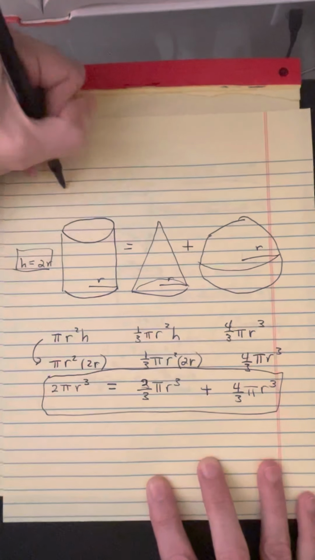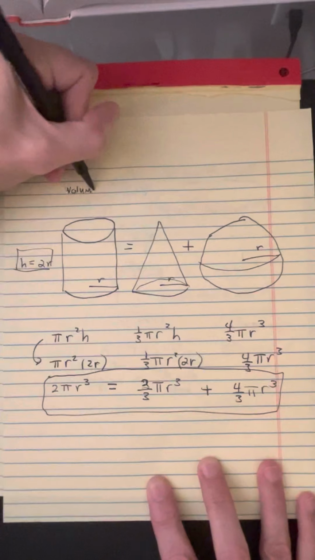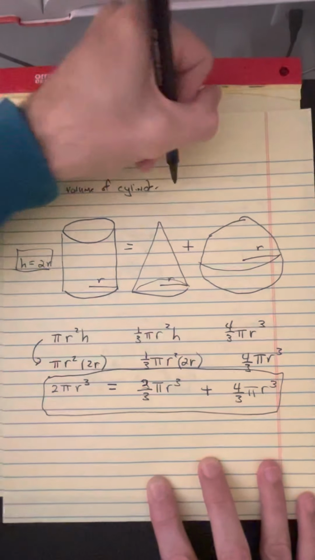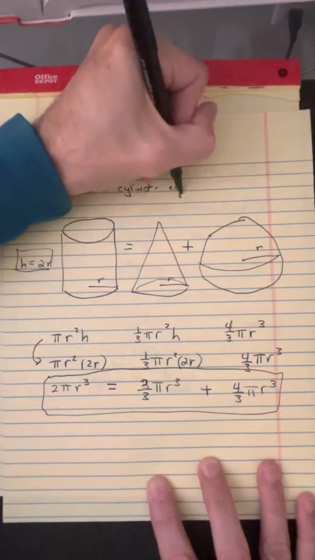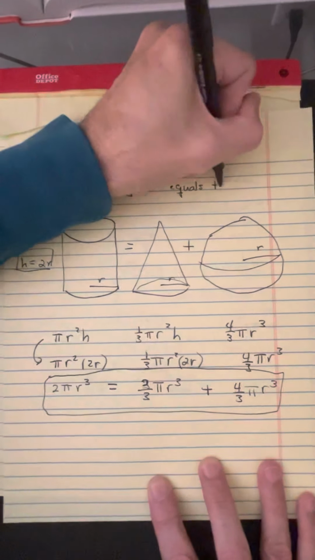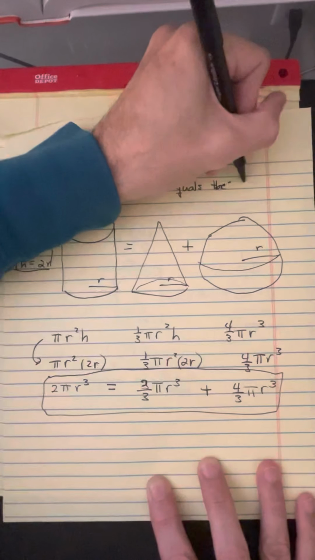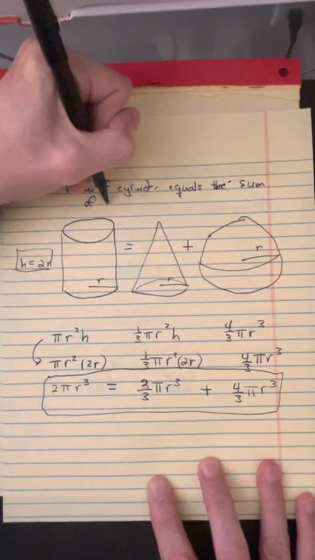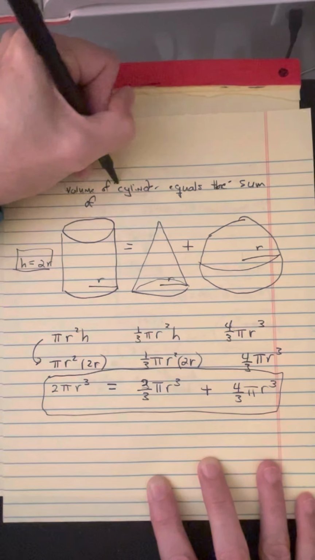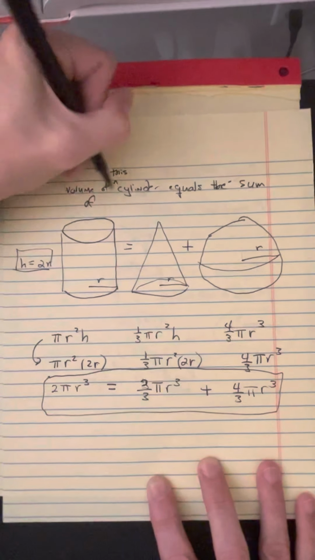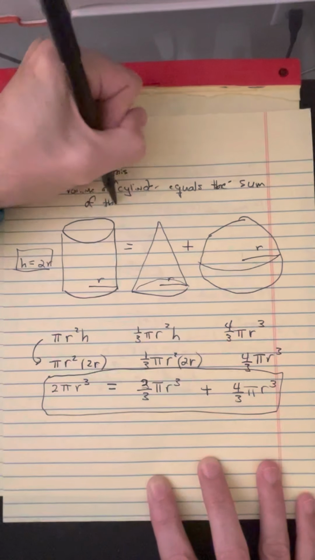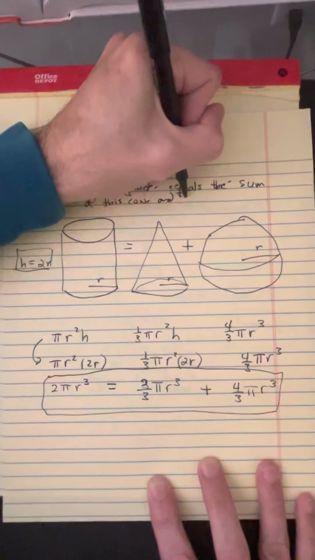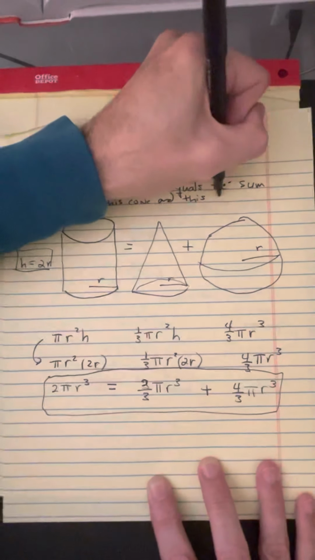So again, the volume of the cylinder equals the sum of the volume of this cone and this sphere.